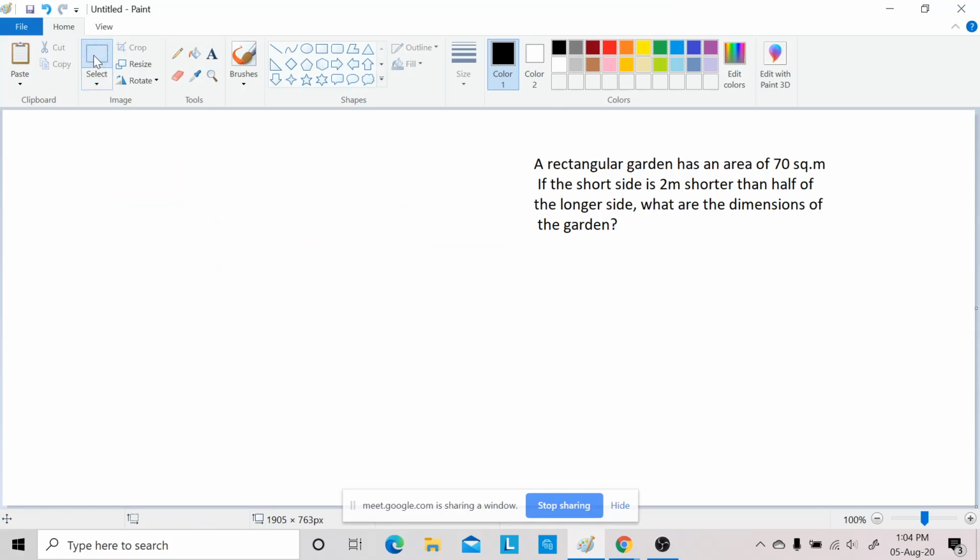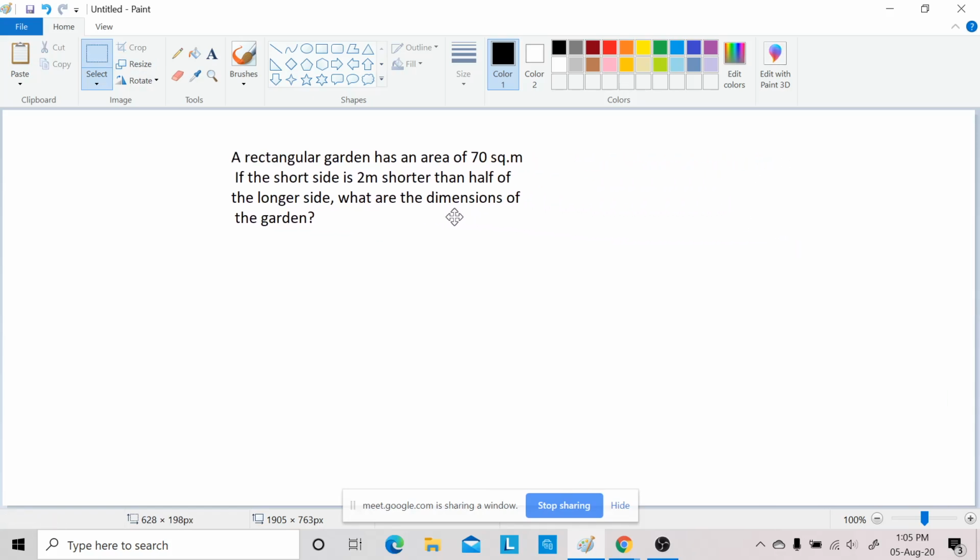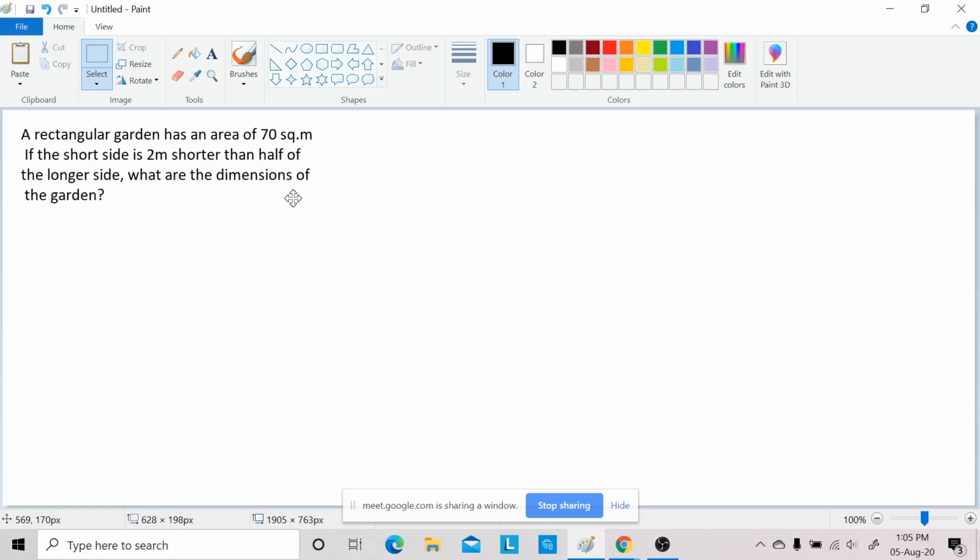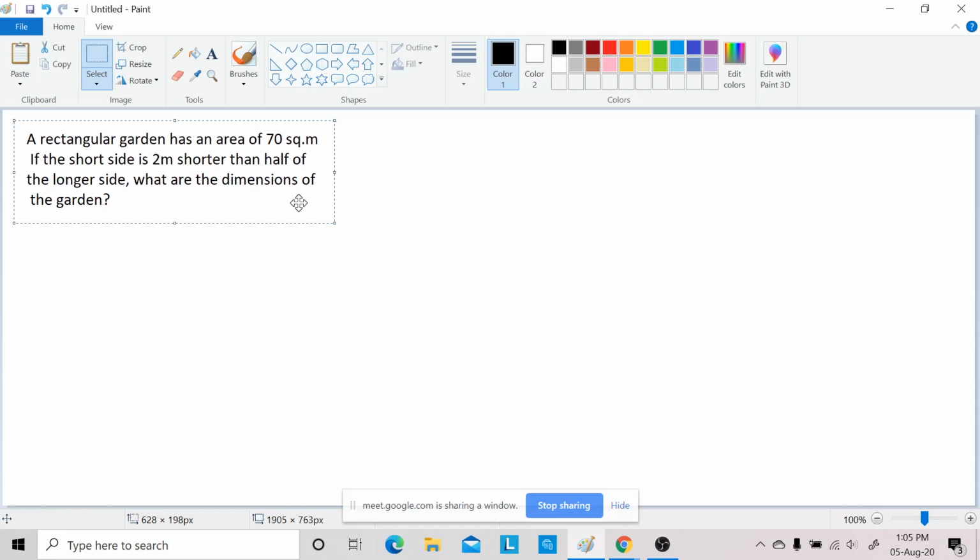Now I'll give you another problem for you to solve. This time you try to solve it first, and then later we discuss the correct answer. The problem goes: a rectangular garden has an area of 70 square meters. SQM means square meters.